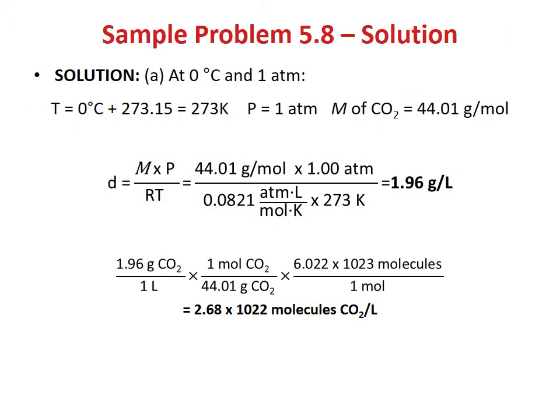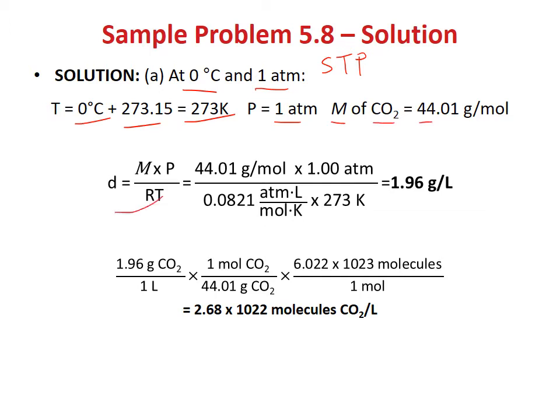At the standard temperature and pressure, temperature is 0 degrees, pressure is 1 atmosphere. So first, 0 degrees plus 273.15 gives you Kelvin, 273 Kelvin, and pressure 1 atmosphere, and the molar mass for CO2 is 44.01 gram per mole.